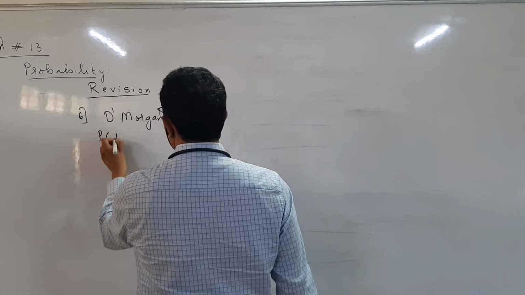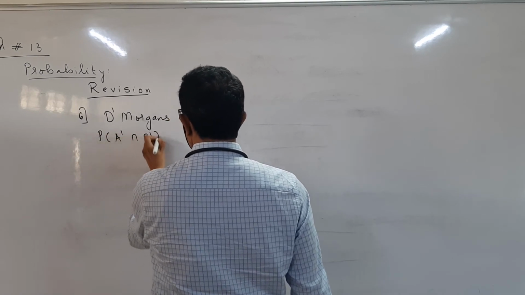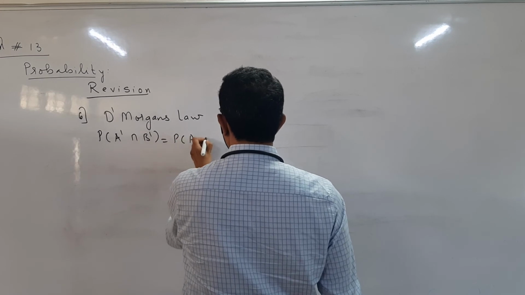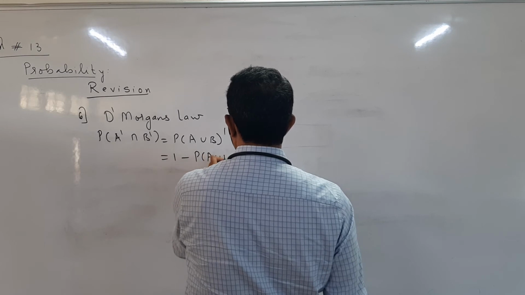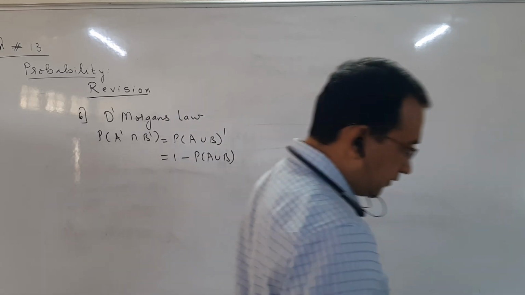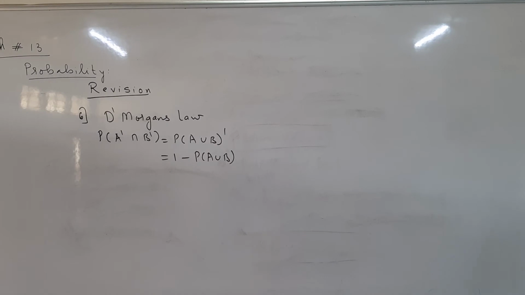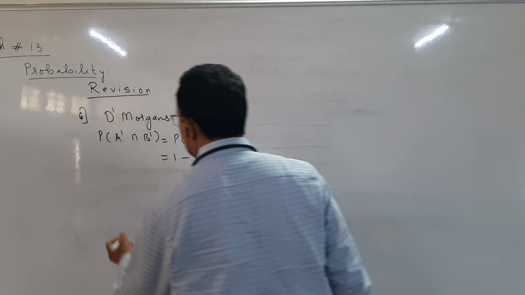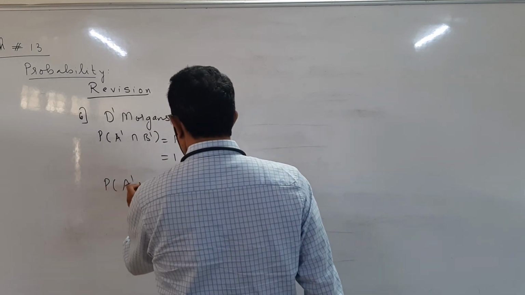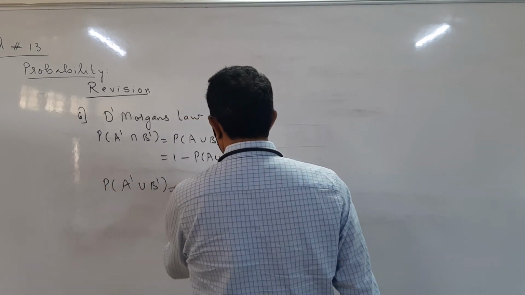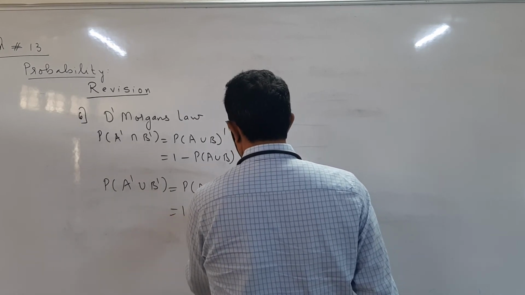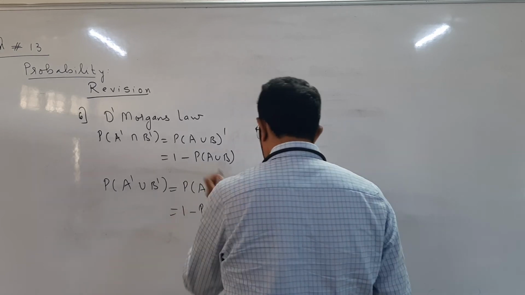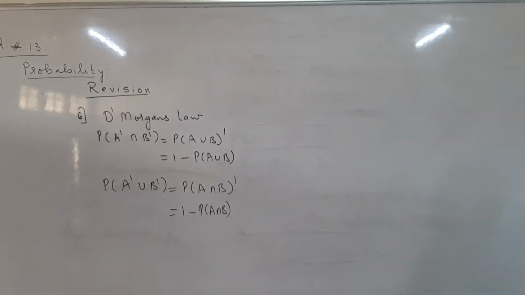P of A dash intersection B dash is equal to P of A union B the whole dash, and that is nothing but 1 minus P of A union B. Then the second De Morgan's law, P of A dash union B dash is equal to P of A intersection B the whole dash, and that is equal to 1 minus P of A intersection B.